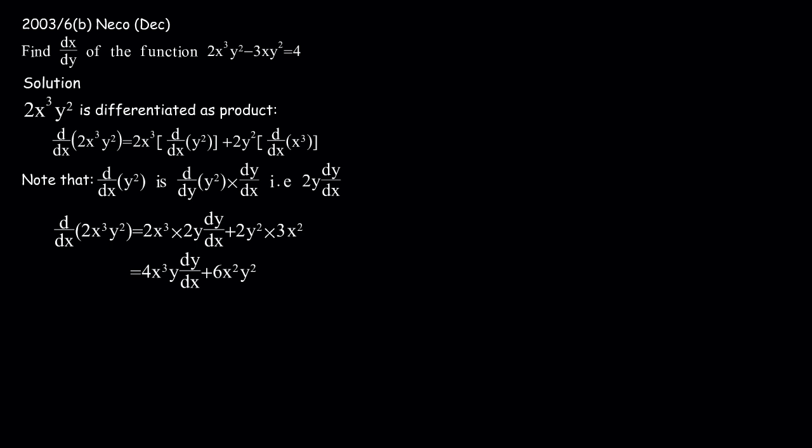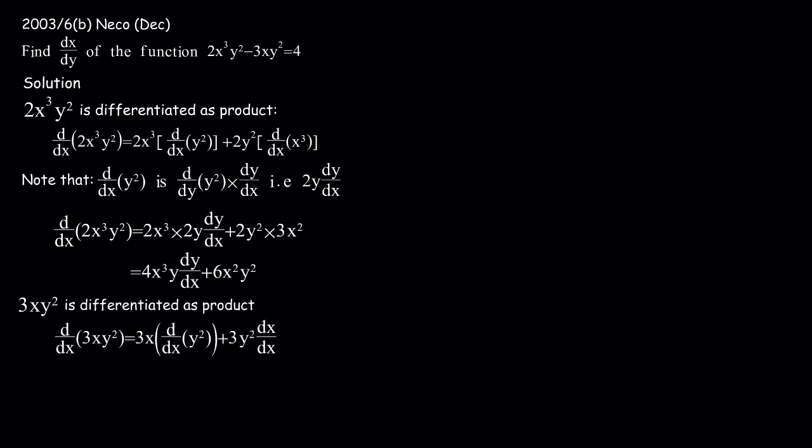Next, we are going to be differentiating 3s y square. Following the same pattern, d over ds of 3s y square will be equal to 3s in bracket d over ds of y square plus 3y square times ds over ds, which will be equal to 3s times 2y dy over ds plus 3y square.